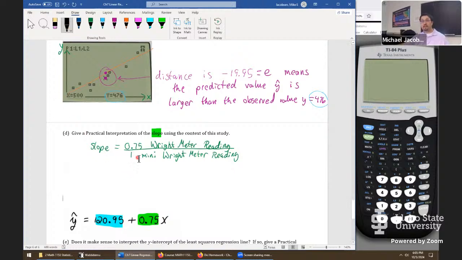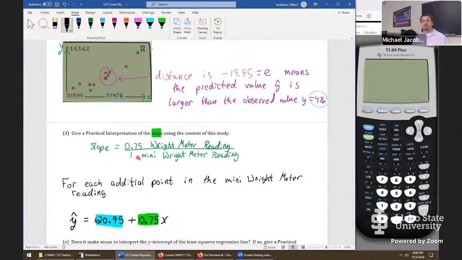We focus on the denominator and say, for each additional point, I'm not too sure what to call these, let's just call them points for the right meter. Each additional point in the mini right meter reading.